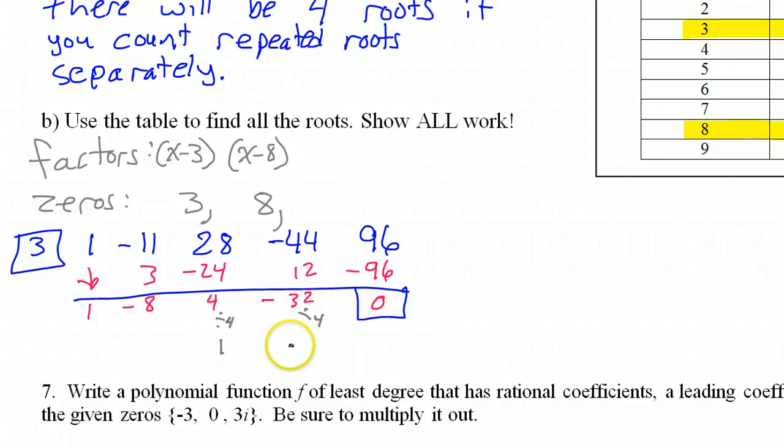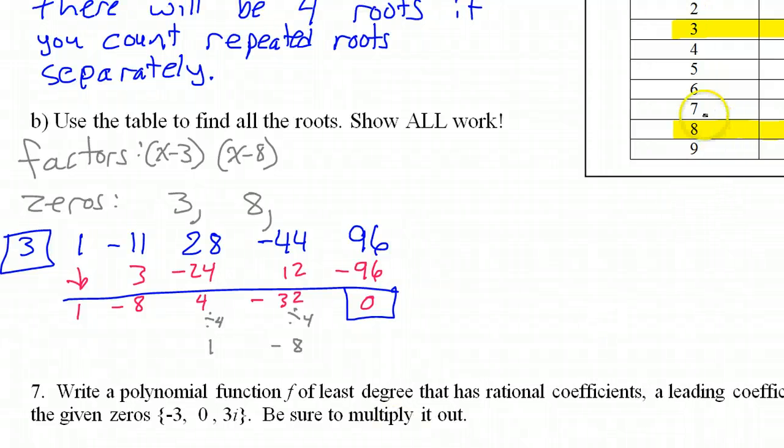Negative 32 divided by 4 is negative 8. 1 and negative 8. 1 and negative 8. That's how I know that grouping is going to work. So let's do grouping. Alright, it's good practice. I could have used the 8, and that definitely would work. But this is a good time to remind you how grouping works anyway.